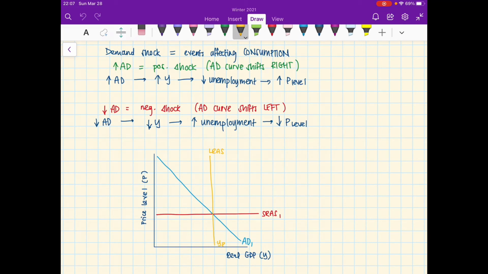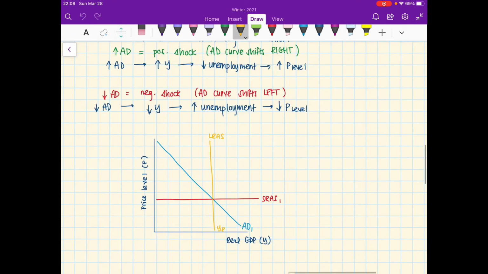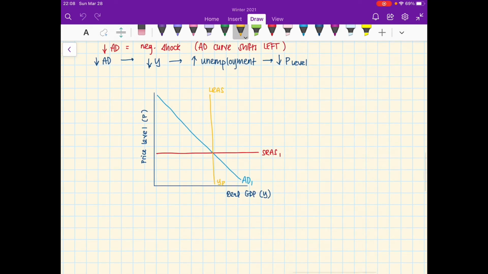Conversely, if there's a decrease in those factors, consumption, investment, government spending, or net exports, the AD curve will shift to the left, and unemployment will increase, and price level will decrease as a result of the decrease in real GDP. So let's take an example. Let's say that the government increases taxes, which in turn decreases consumption. So this will cause a negative aggregate demand shock, and the curve will shift to the left.